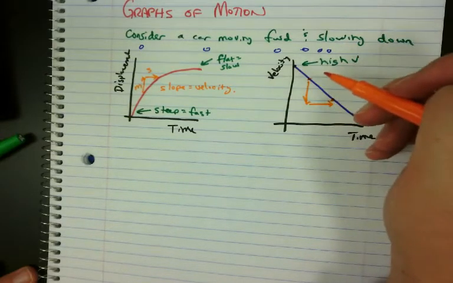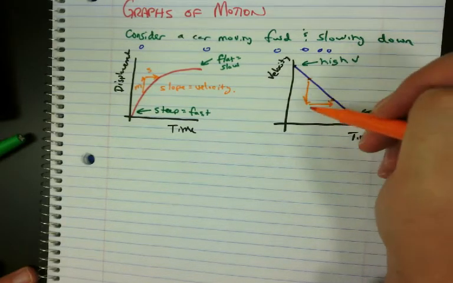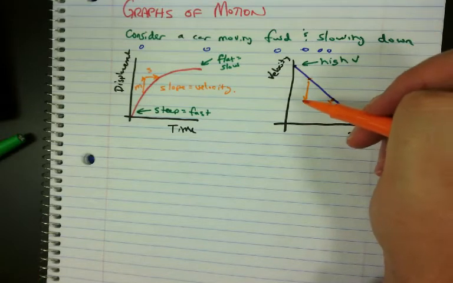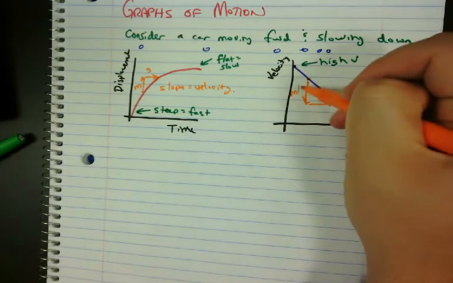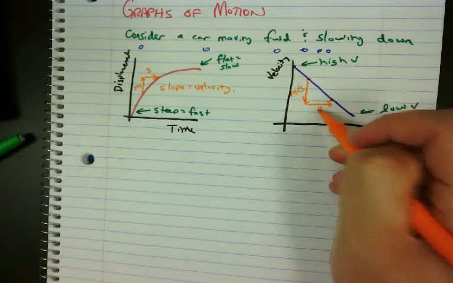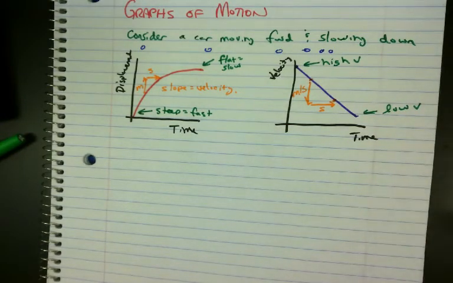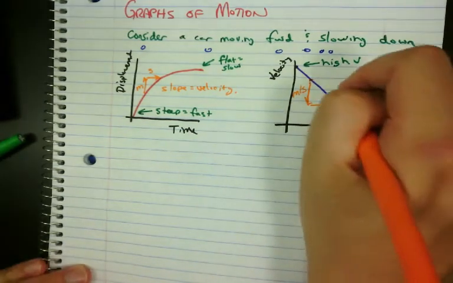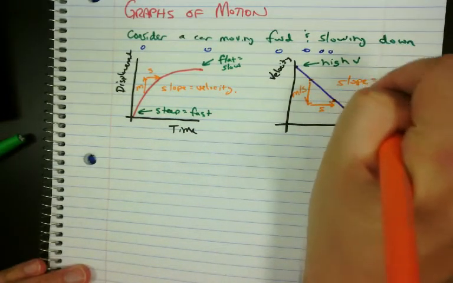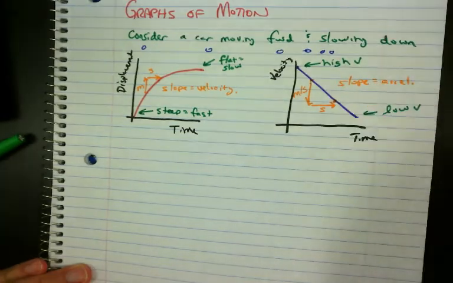What did you say, Aiden? I was going to say negative. Well, it is negative, but what units is it going to be? Meters per second. Meters per second, and my run is still in seconds. So if I do rise over run, I'm going to do meters per second per second, which is what? Acceleration. So the slope of a velocity graph is going to give me acceleration.